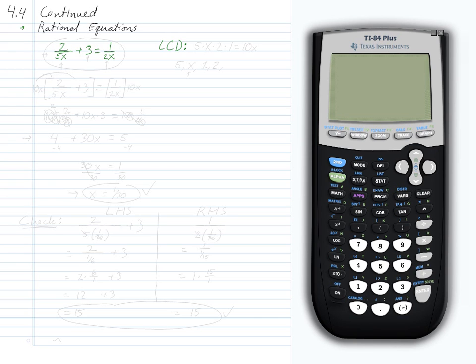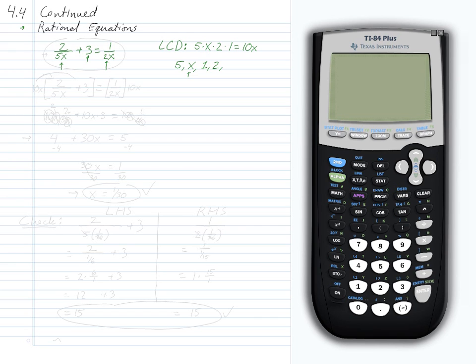So I have a 5, I have an x here, I have a 1 in this term, and here I have a 2 and an x. Well, I already have x taken care of. X is in the LCD already, so I don't need another one. So my LCD is going to be the product 5 times x times 2 times 1 if you want, which is 10x.